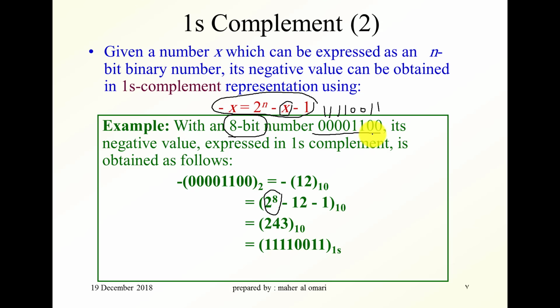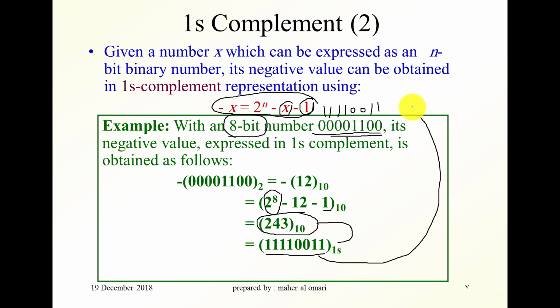The number is 12, minus 12, minus 1 in base 10. So that's 243 in base 10. Convert the 243 into binary. What do you get? You get this number. So this is the ones complement for this number, which is the same as we found earlier.